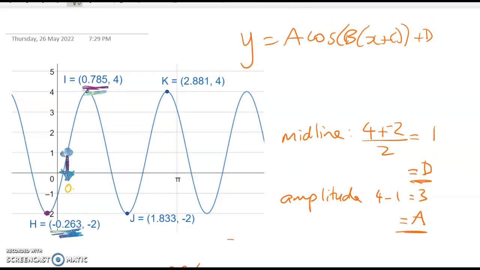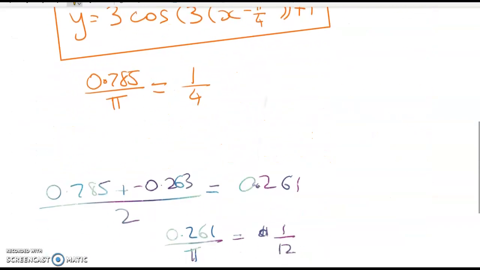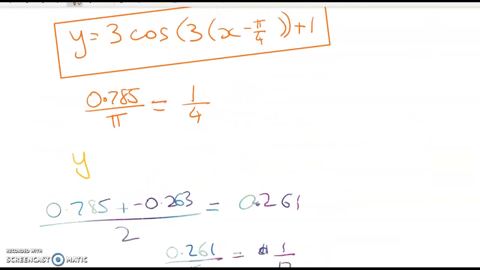So that point there is 0.261, and that's equal to pi on 12. Right? So when we go to put that all together, the equation works out to be y equals 3 sine of 3 times x minus pi on 12 plus 1.